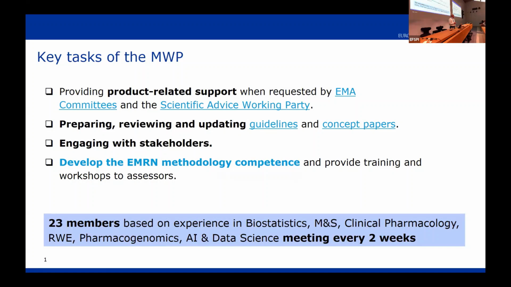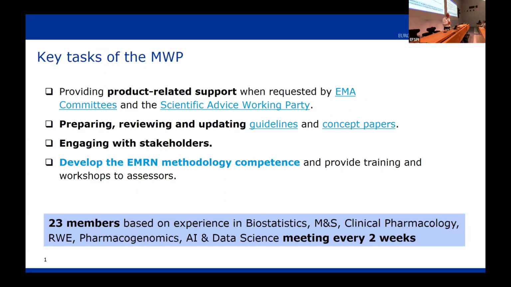Both me as well as the Vice Chair, Kristen Castle, have presented the Methodology Working Party, its introduction and its main tasks before. I will briefly summarize. So the Methodology Working Party does product-related support. Actually had some of that ongoing while we were at this meeting. Preparing, reviewing and updating guidelines and concept papers. I think we'll address that a bit more.